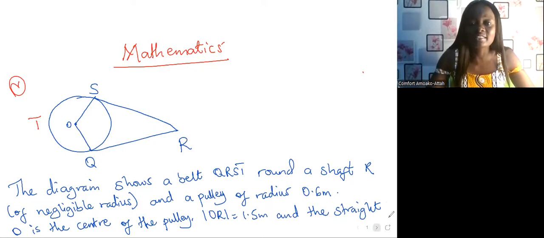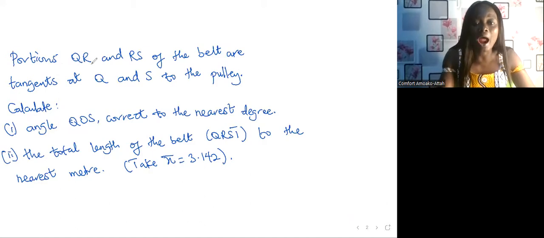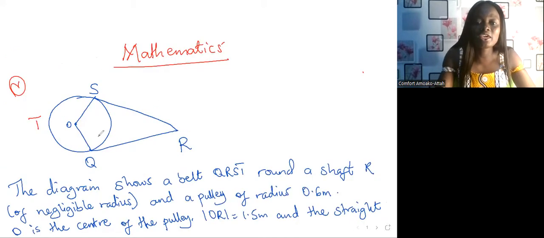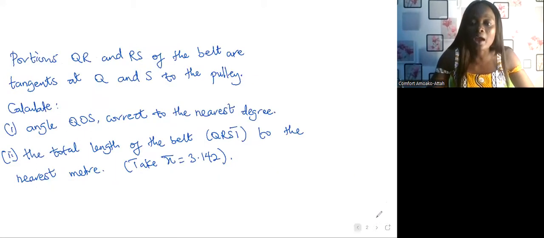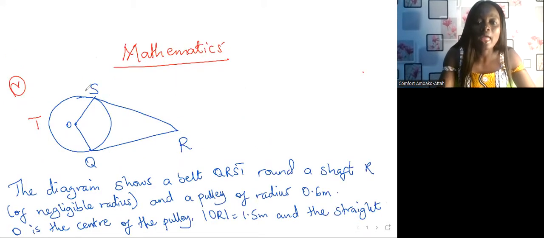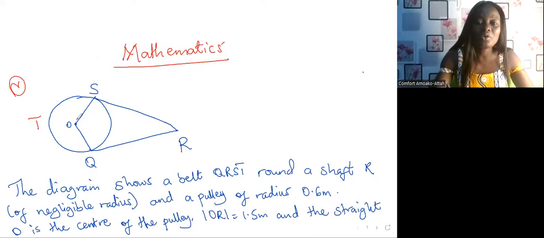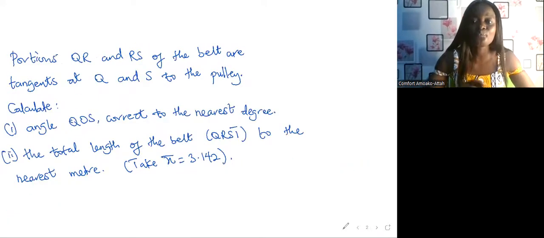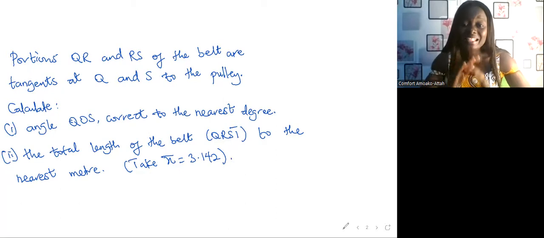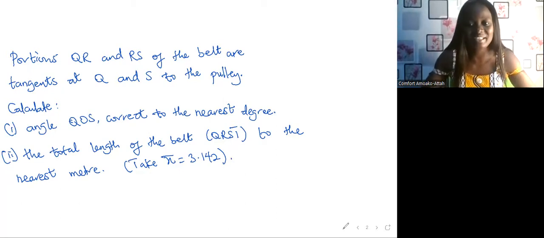The straight portions QR and RS of the belt are tangent at Q and S to the pulley. Calculate the angle QOS, correct to the nearest degree. Then (ii) the total length of the belt to the nearest meter.